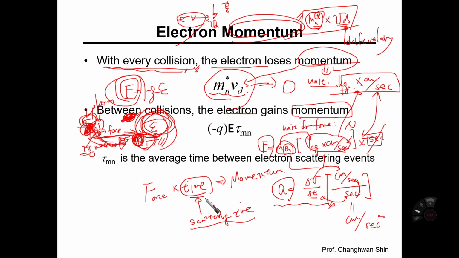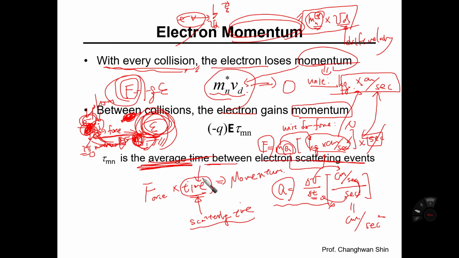But relatively non-active electrons, which have a lower amount of energy, would hit the silicon atoms less frequently. So it's hard to define the exact value of scattering time. So we are going to use what? Average time between electron scattering events.